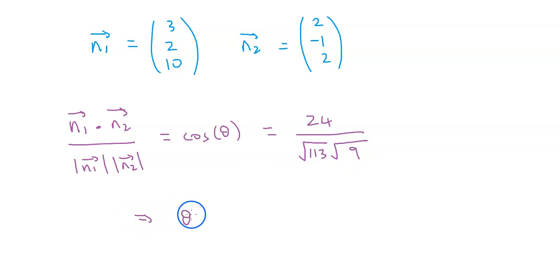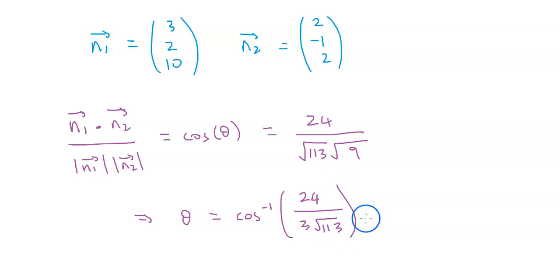Theta is equal to cosine inverse of that, and that is 41.2 degrees to 1 decimal place. And that's all for this question.